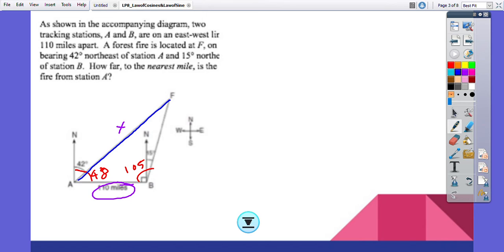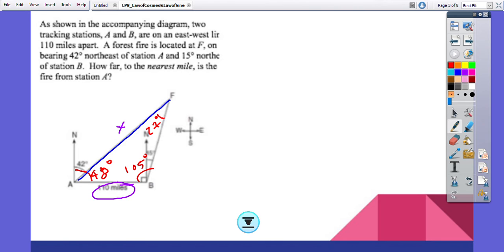So I am missing this angle right here, this angle F. So I'm going to find it. 105 plus 48 is 153, and I'm going to need 27 more degrees to have 180 degrees inside the triangle. So that's a 27. And I'm working with degrees everywhere, so make sure you specify that.